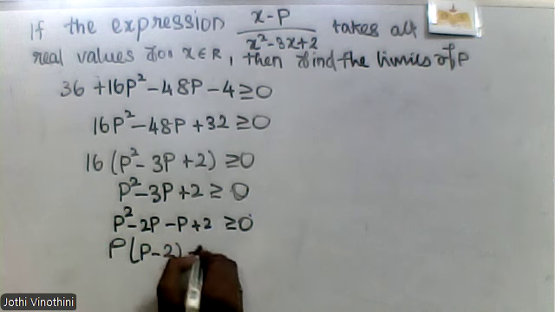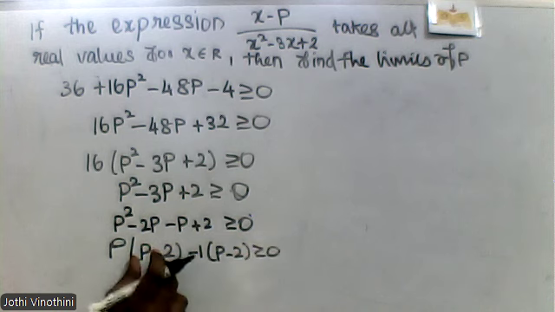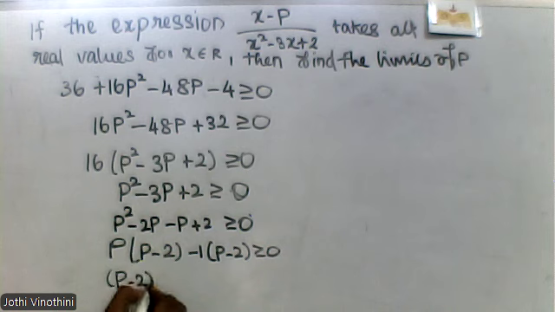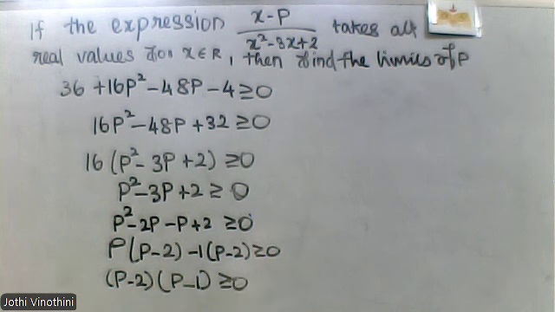I am going to take minus 1 as common, so p minus 2. Since both terms have p minus 2, I am taking p minus 2 as common. So it becomes p minus 2 multiplied by p minus 1 greater than or equal to 0. Okay? I will give you a minute so that you can copy this and we will move to the next step.